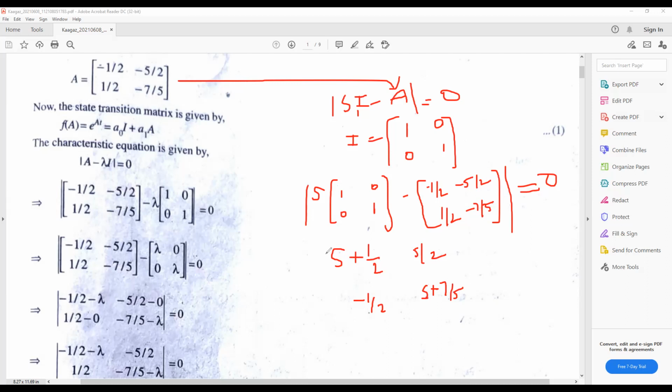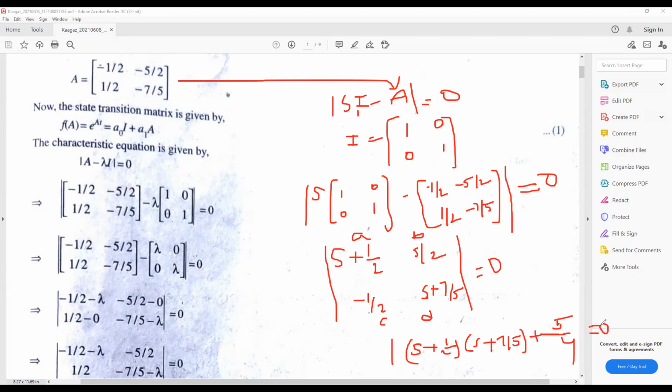This is in the form of A, B, C, D, so the determinant is AD minus BC: s plus 1 by 2 into s plus 7 by 5, minus into minus plus 5 by 4, is equal to 0. Solving this equation, find the roots.